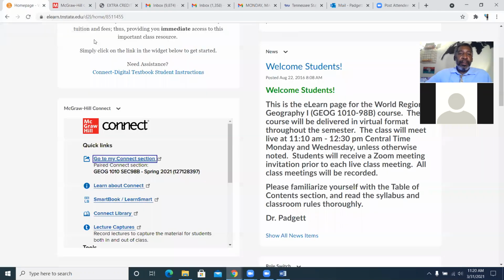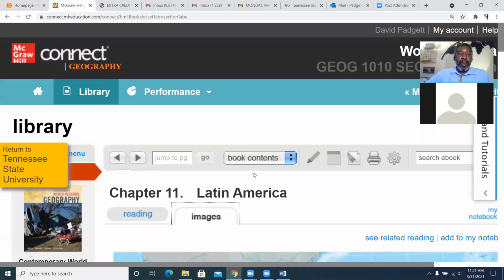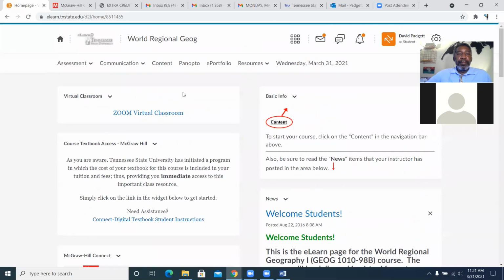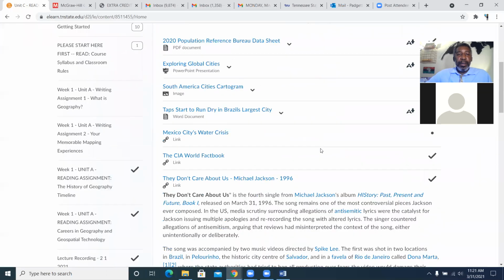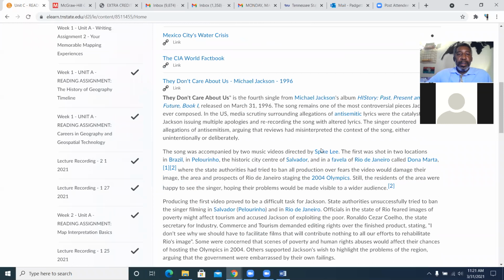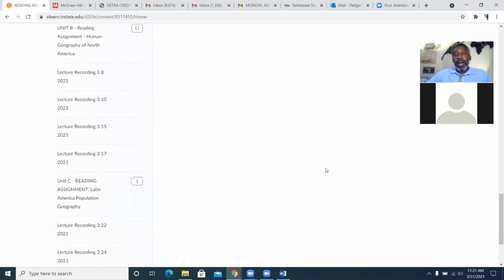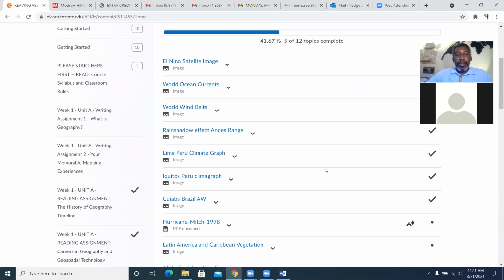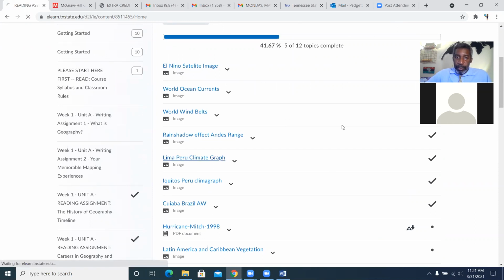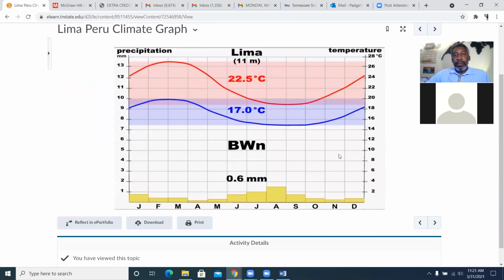We took a quantitative assessment of these regions by looking specifically at the climate graphs for Lima, Peru, shown here, and we made note of the fact that Lima, Peru only receives 0.6 of a millimeter of precipitation per year, 0.6 of 1 millimeter per year.